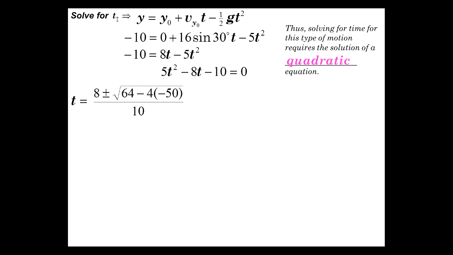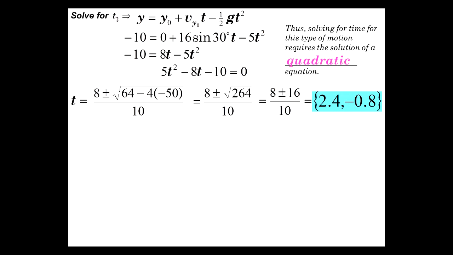Negative b plus or minus the square root of b squared minus 4a times c, over 2a. And that gives us this simplified expression, resulting in 2.4 or negative 0.8 seconds.